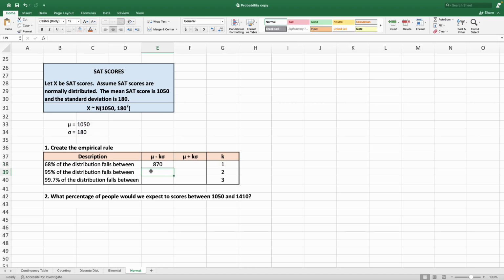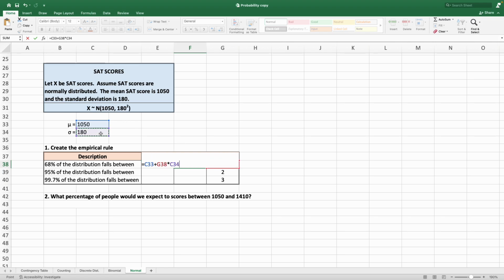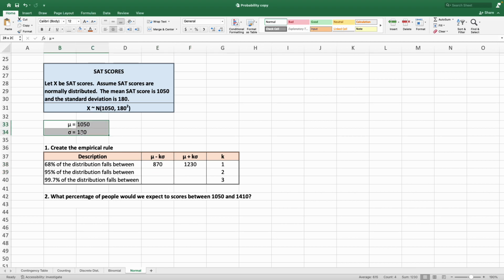Enter. Now let's do it for, this is the exact same thing, but now using plus. So let's do equals mu plus k, this is 1, times sigma 180. Enter. And we get the range for 1 standard deviation from the mean. So if you want, we can lock the mean. We don't want these numbers to change.